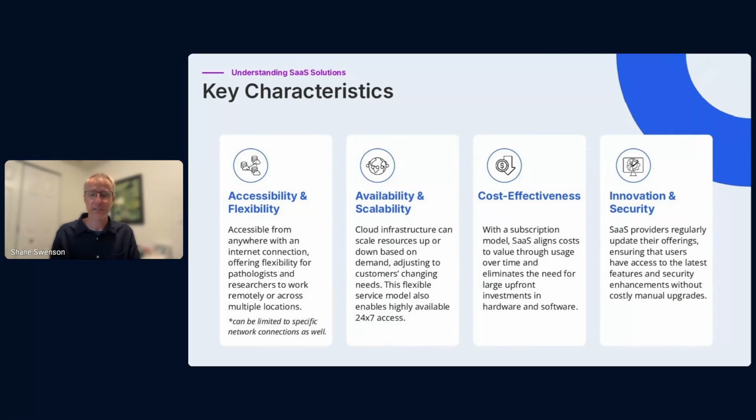Next, software as a service systems have really matured over the last 20 years. And at this point, the expectation is high availability and high scalability. It used to be that early SaaS systems, when there was a rapid increase in demand, would struggle to meet that need.